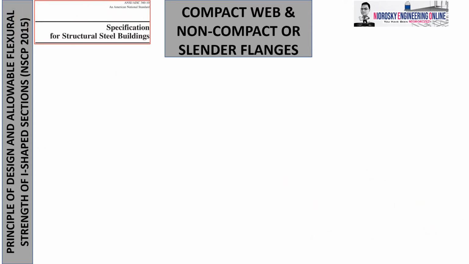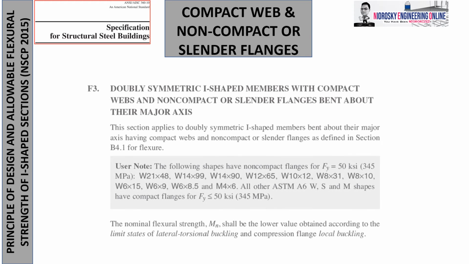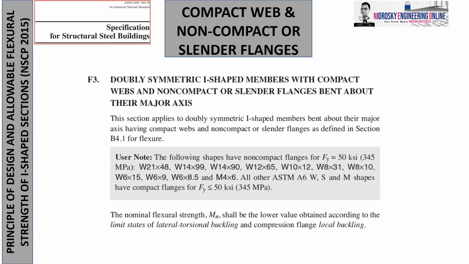Now, based on ANSI ASC 360-10 of the same particular topic, so ganun din, no? Yung nominal moment should be the lower of the value from lateral torsional buckling at saka compression flange local buckling. So, dalawa yung pagpipilian.